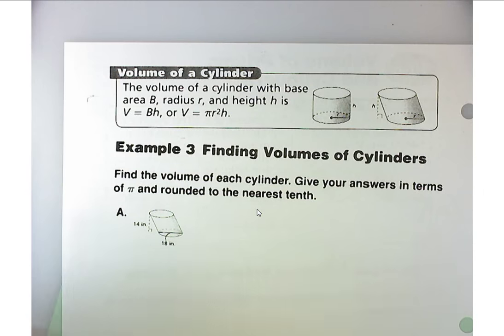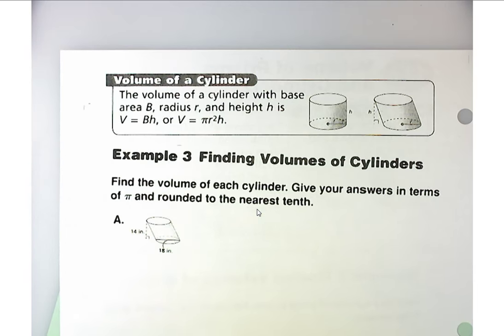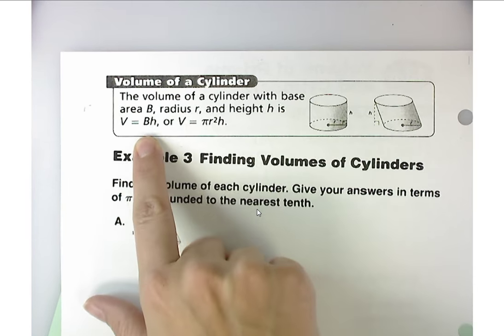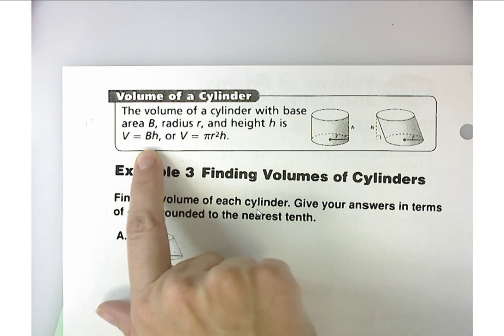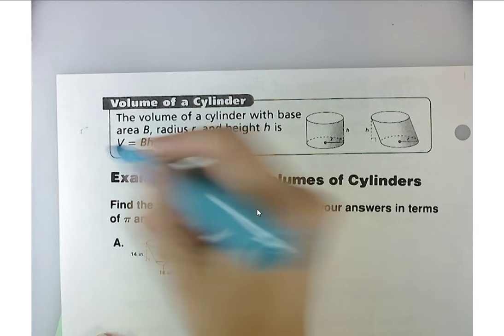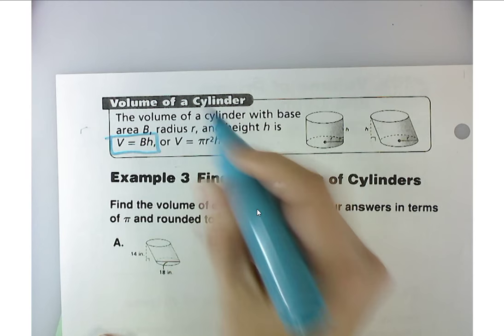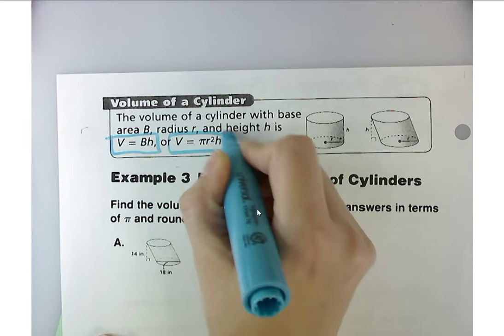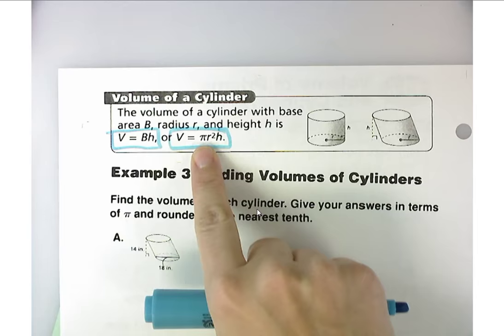Now let's move on to the volume of a cylinder. Okay, so with the volume of a cylinder, you're going to have the volume, again, equals the area of the base times the height. Or, because a cylinder has a circular base, you can think of that area of the base as pi r squared.